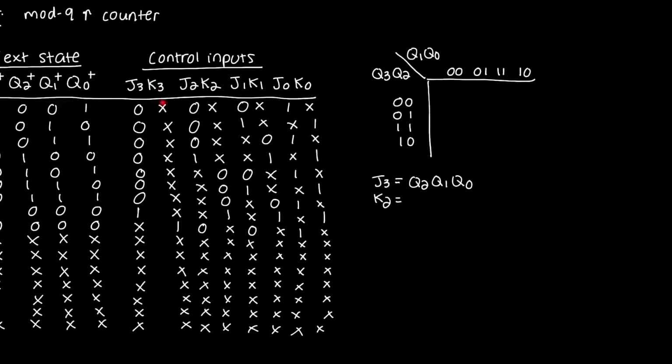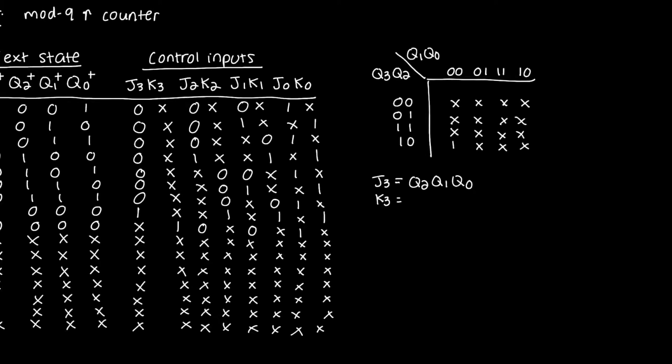I'm looking at this column over here for K3, and I'm going to fill in the K-map as X, X, X, X, again X, X, X, X. Now I've got 1, X, X, X, and X, X, X, X. A lot of don't cares.